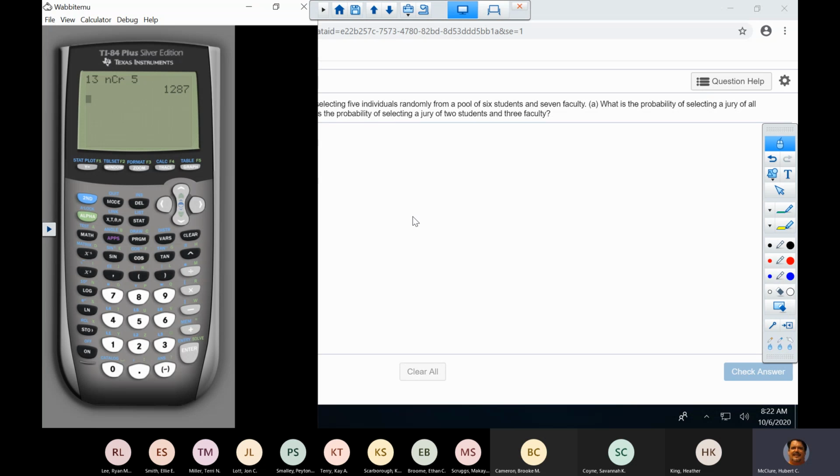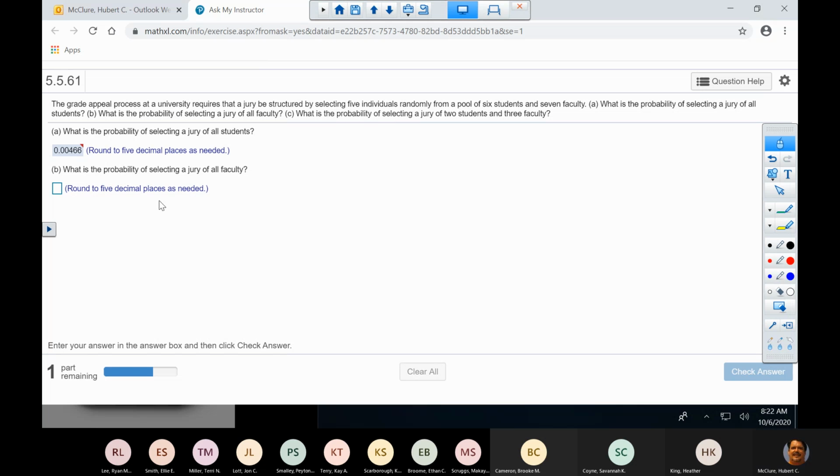Now, let's see what the second part of the question says. What is the probability of selecting a jury of all students? All students. So now, forget the denominator. You know it. What's the denominator? 1287. Okay, so you know 1287 is the denominator. And you want to know the probability of all students.